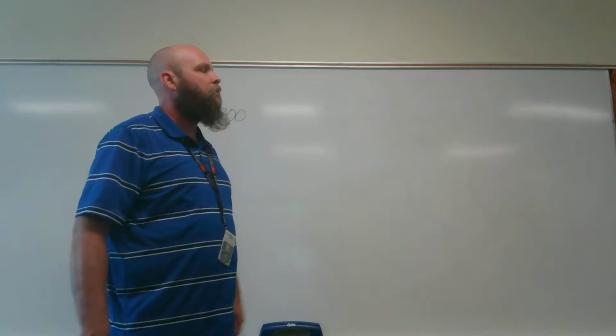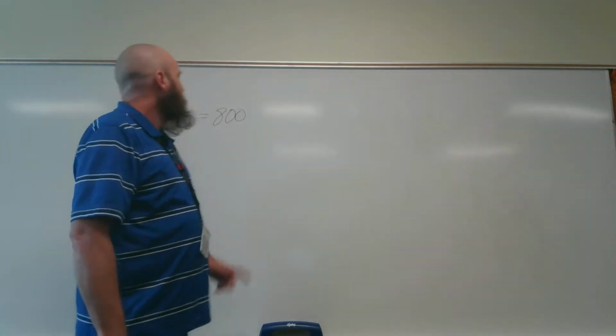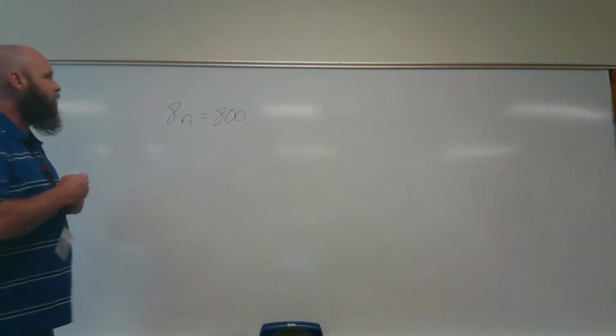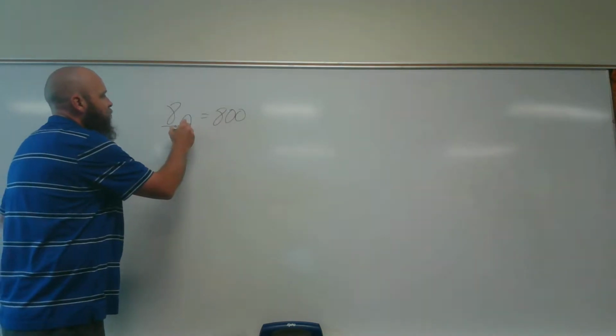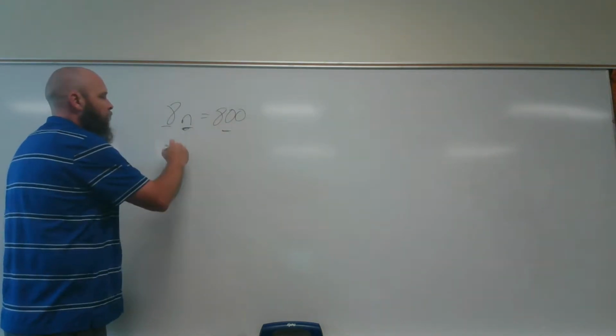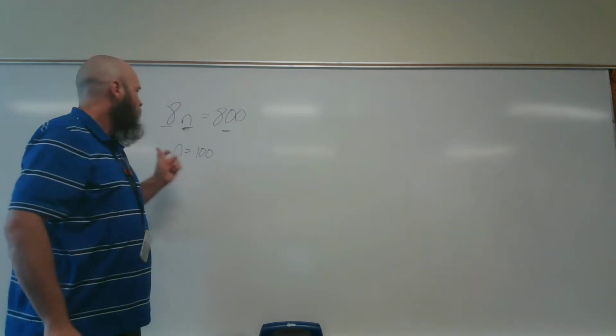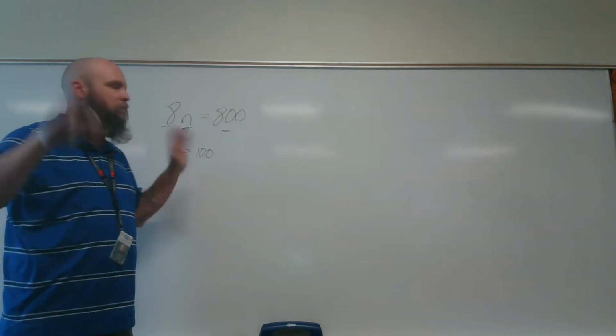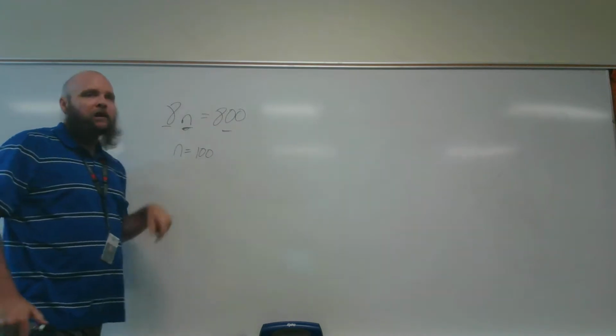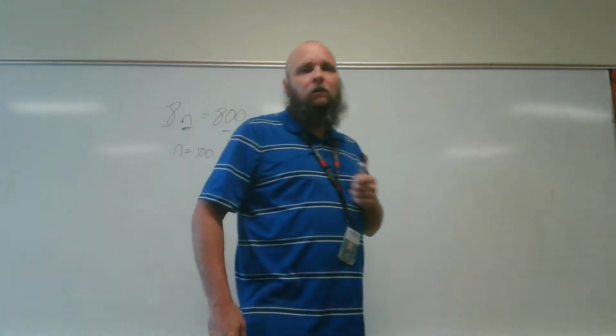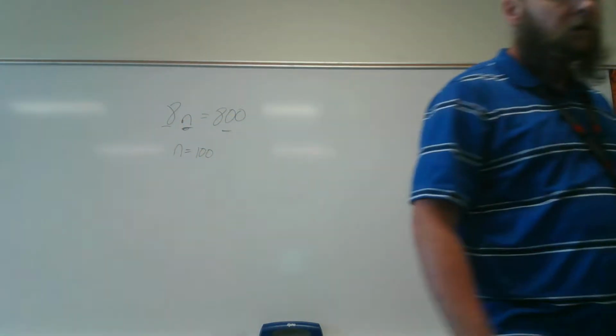I can just show the video. So what this problem is asking you is 8 times what equals 800? Well, if you know your multiplication, I'm not taking questions. It's 8 times 100 equals 800.